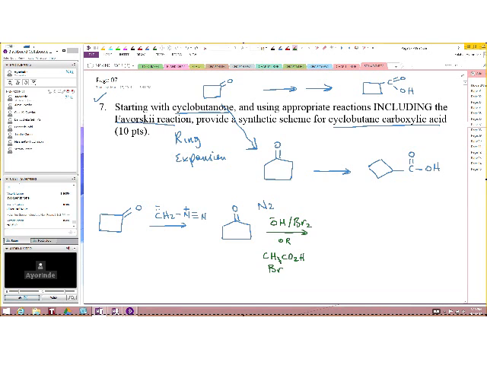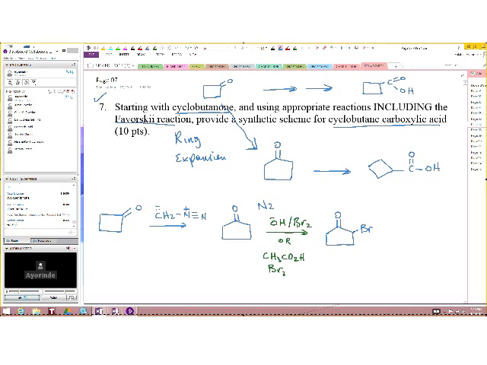Each one of these reagents will allow us to brominate the alpha hydrogen, that is, the hydrogen attached to the carbon which is attached to a carbonyl group. So now we have this here, the alpha bromo compound, alpha bromo cyclopentanone.